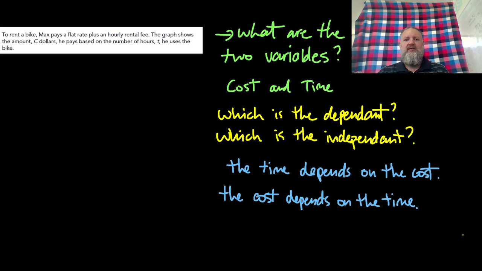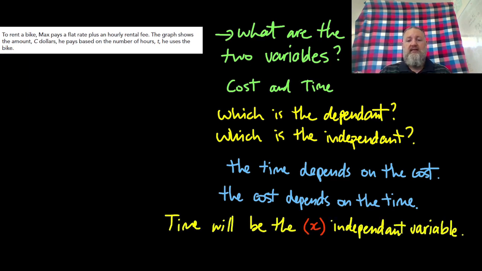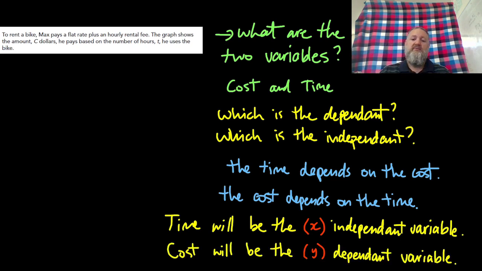I think that the cost depends on the time. So that means that the amount of time that he's out on his bike for, time will be the independent variable, which means it will be the x-axis, and cost will be the dependent variable, which means it will be the y-axis.